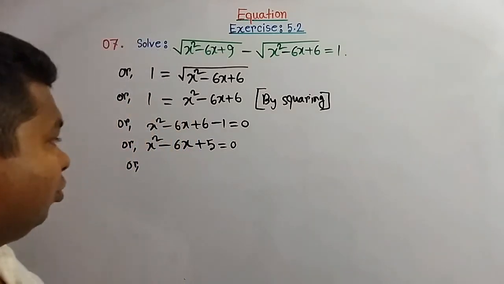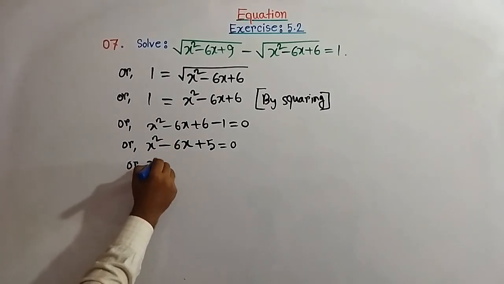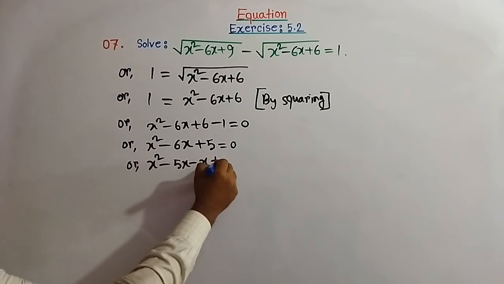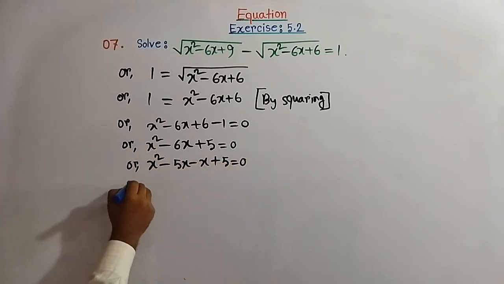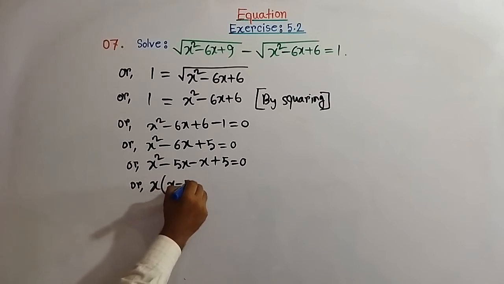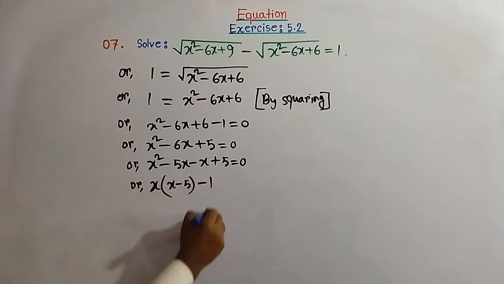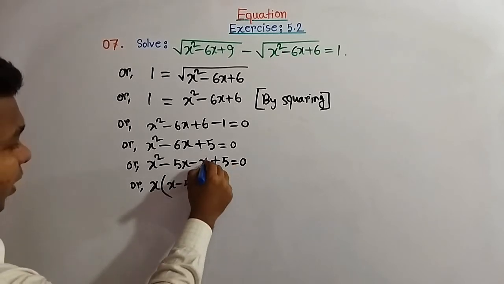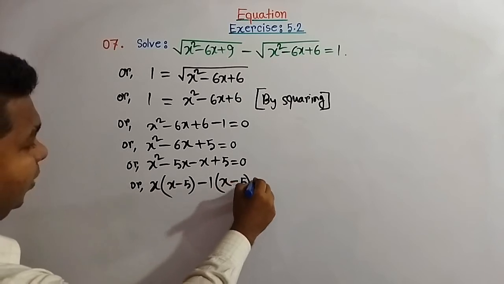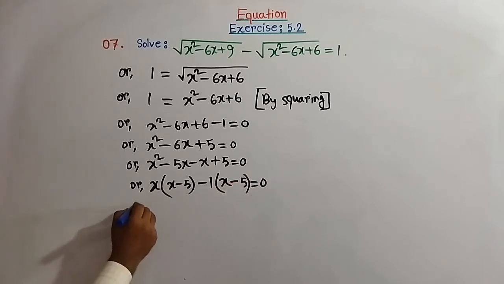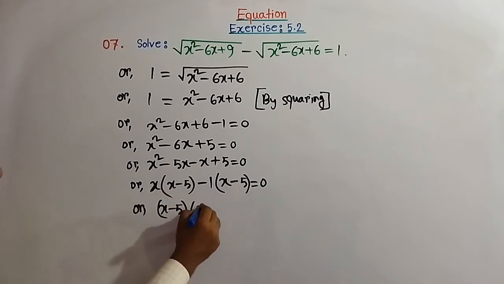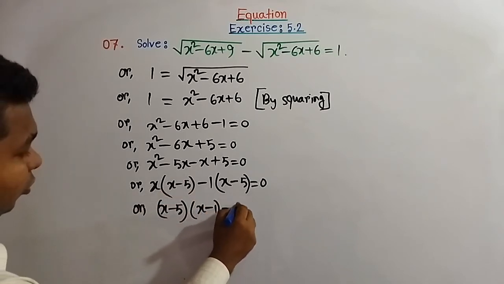By the middle term method we can write this as x² − 5x − x + 5 equal to 0, or taking x common, x(x − 5), then taking −1 common, −1(x − 5) equal to 0, or taking x − 5 common we can write (x − 5)(x − 1) equal to 0.